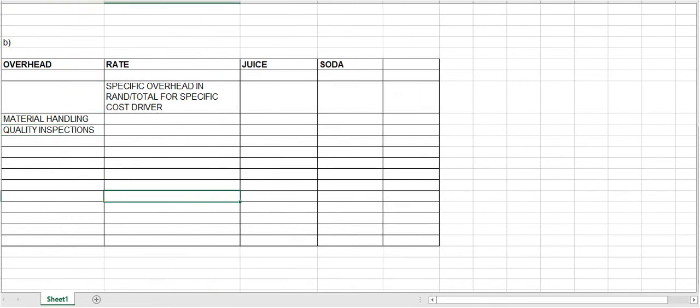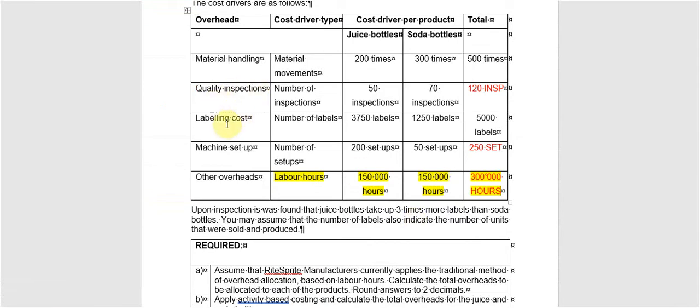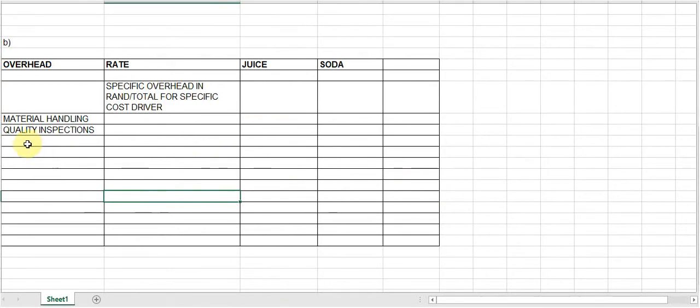Then we also have, going back to the question, labeling cost and machine setup cost. And then we have other overheads.